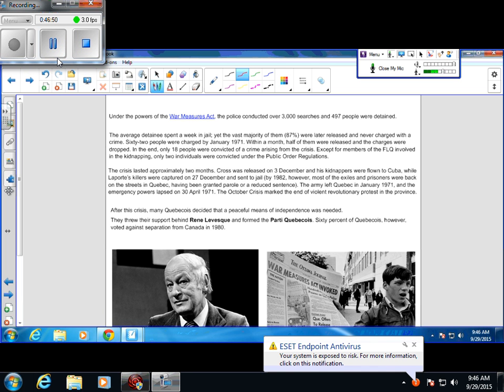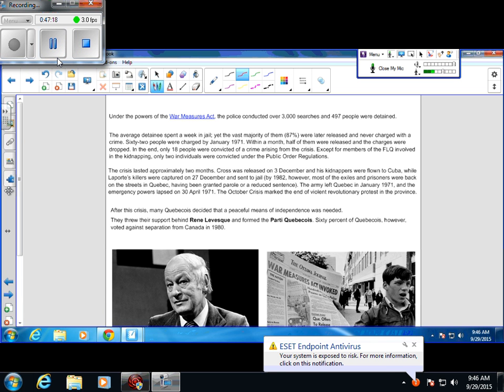So this is controversial, why the War Measures Act was used. There were mixed conflicts, and some people agree with it and some disagree, because under the Canadian Charter we do have legal rights not to be searched and detained.